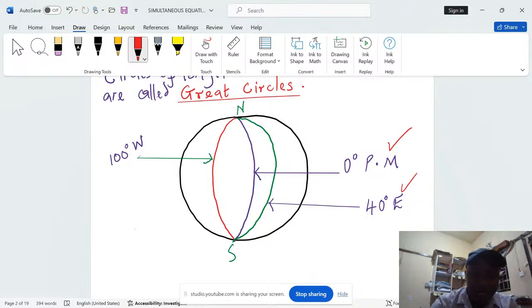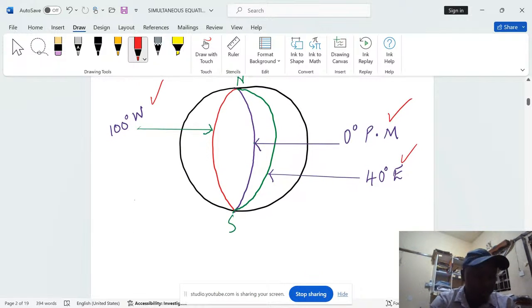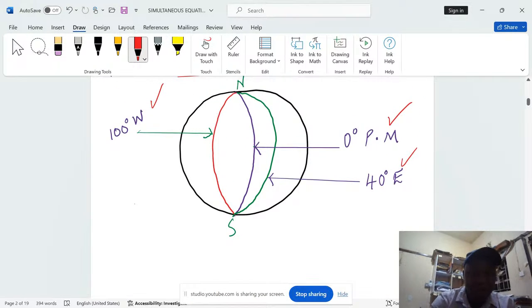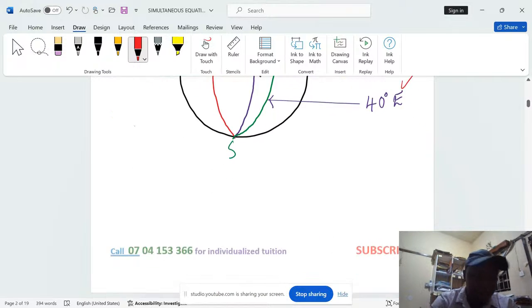There is another one to my left. Those ones are to the west, for example, 100 degrees to the west. So those are what we call longitudes. They can be as many as possible, all the way to 180 in either direction.